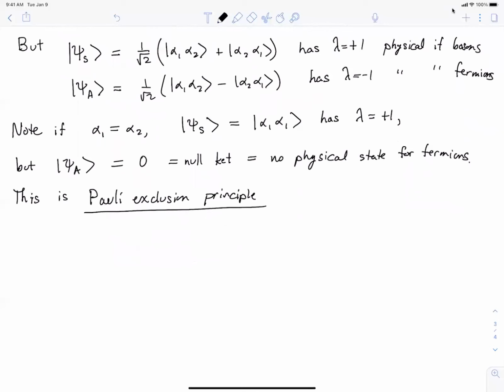Okay, and one colloquially says, two identical fermions are not allowed to be in the same state.